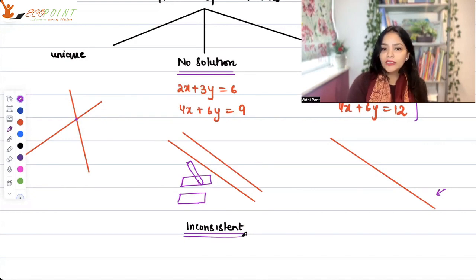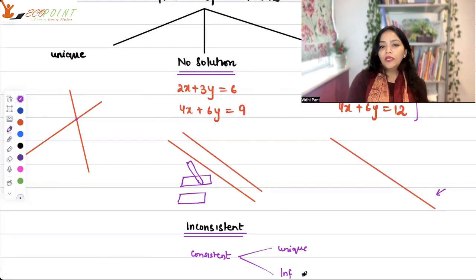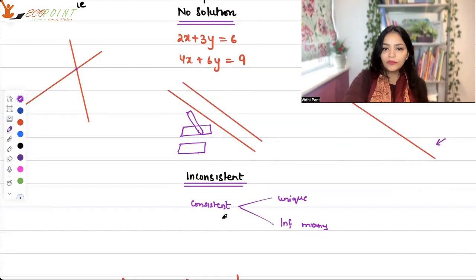So you call the system inconsistent. Inconsistent goes with no solution. If your system is consistent, that means it has at least one solution. It could be a unique solution, or it could be infinitely many solutions. It could be either of the two cases.